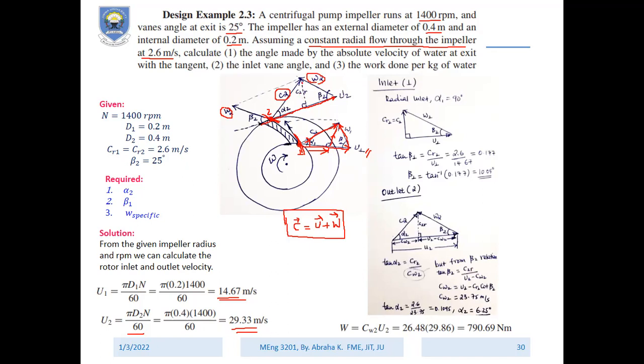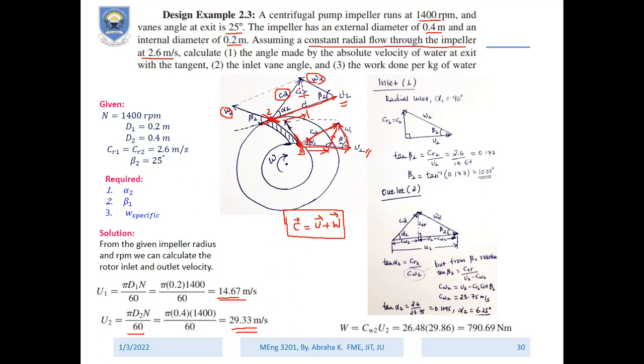We have the radial component of C2 and also the tangential component of C2. C2 has 2 components. The important component which is doing the job is the tangential component, the component which is in parallel with the U2.